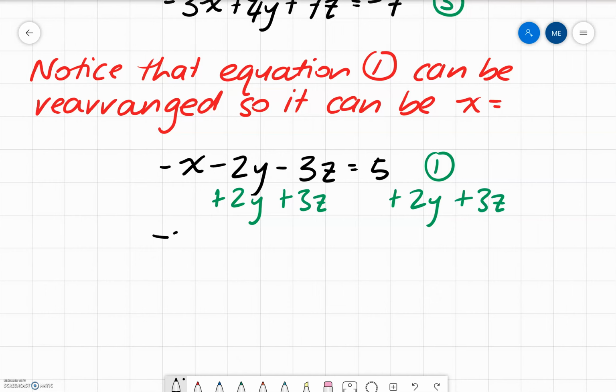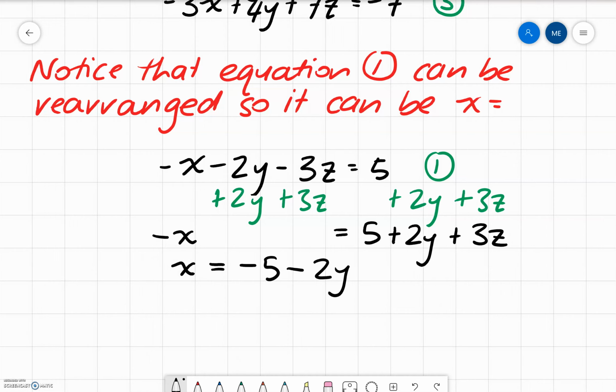So that gives me negative x equals 5 plus 2y plus 3z. I want my x to be positive, so I'm just going to flip all the signs. So x equals negative 5 minus 2y minus 3z. And this is still equation 1.